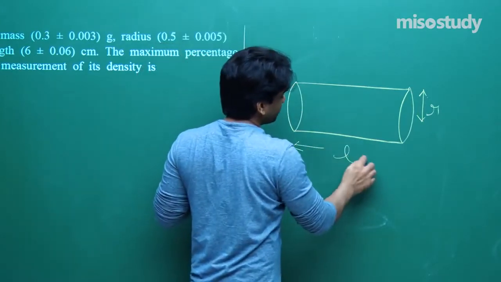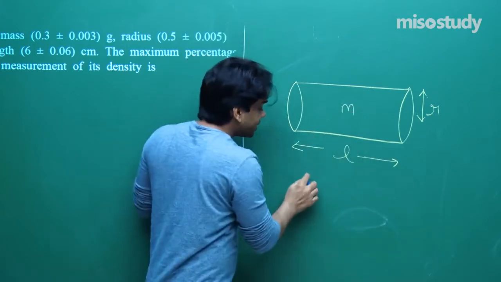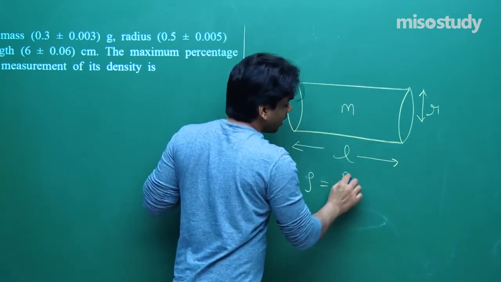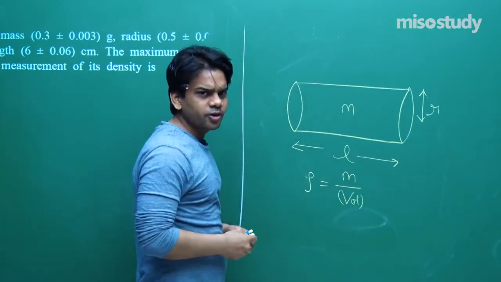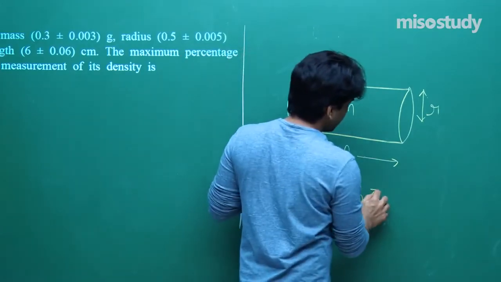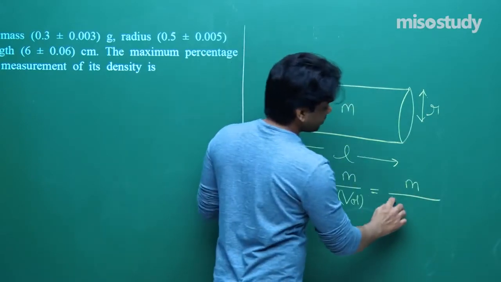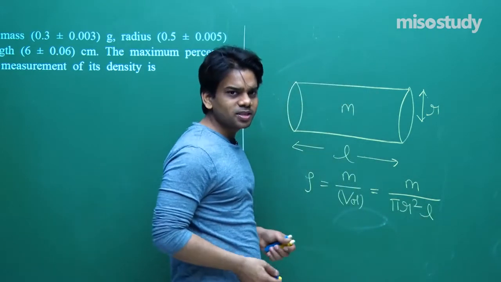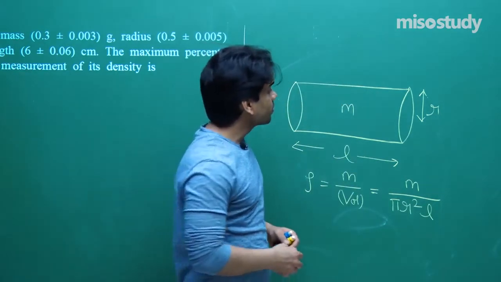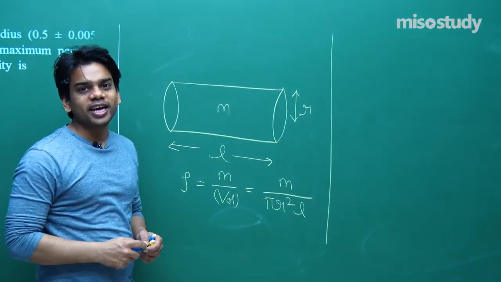This is the length, this is the radius, and let's say its mass m is given here. Density will be mass per unit volume. This is what we generally know for density. Now we can write this as mass, and volume will be pi r square into L, that's quite simple, mass upon pi r square L. Now I have told you how to find the error.